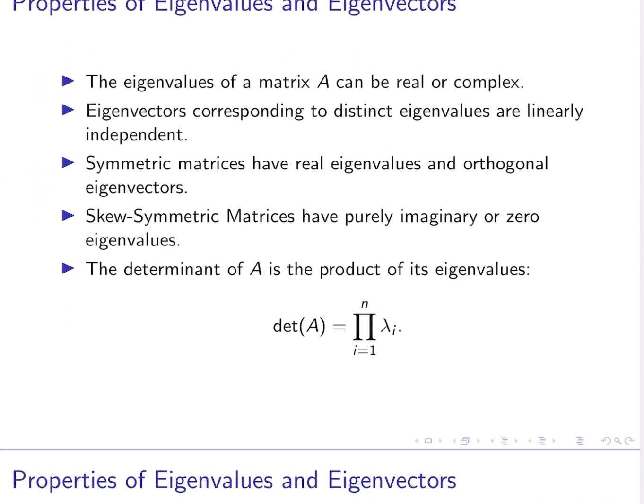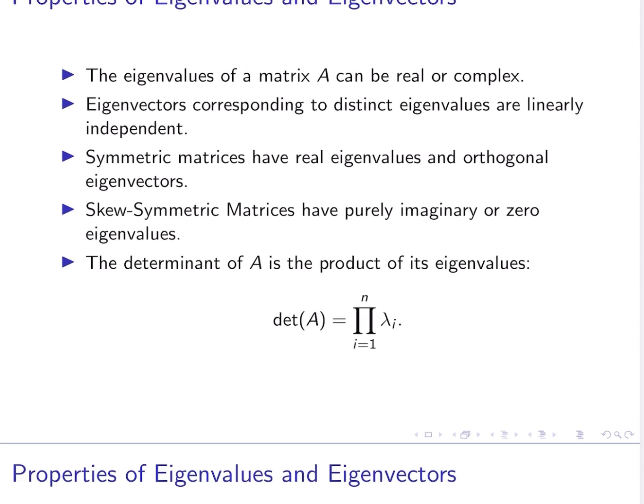So if I look at the properties of eigenvalues and eigenvectors, a good remark here is that the eigenvalues of a matrix, of course a square matrix, can be real or complex. Eigenvectors corresponding to distinct eigenvalues are linearly independent.